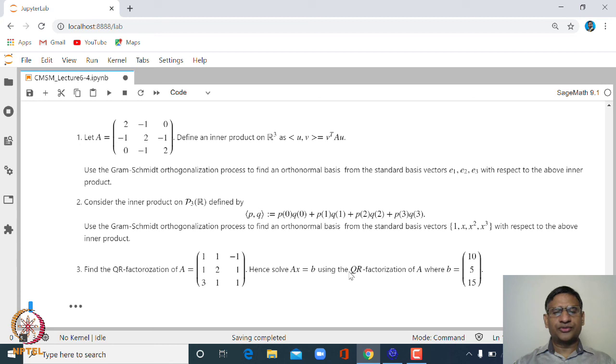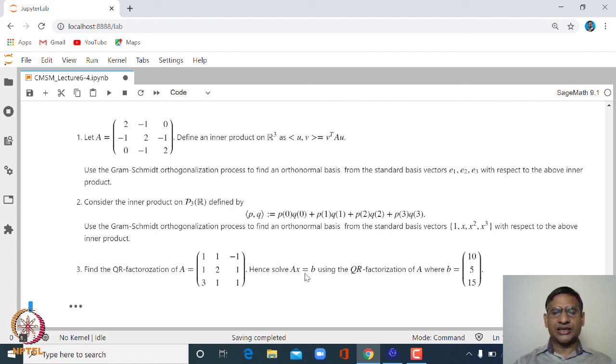See, once you have the QR factorization of a matrix, then this system Ax equal to b can be written as QR times x is equal to b. Now, Q is invertible, so if you multiply both sides by its inverse, you will get R times x is equal to Q transpose b. R is an upper triangular matrix.